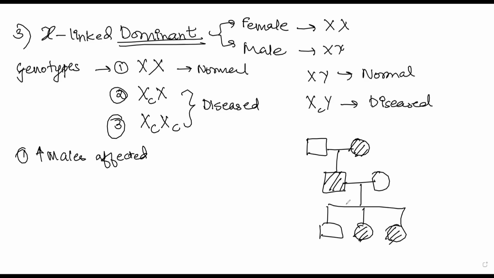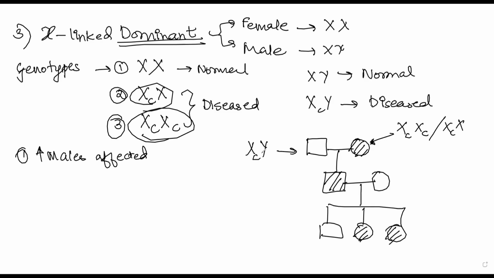Now, let us try and understand what has happened here. Since the mother is diseased, what does that mean? Definitely either it should have been the second trait or the third one. Either she can have both disease alleles or one, because it is dominant. He is normal, so definitely he is XY, not XCY.